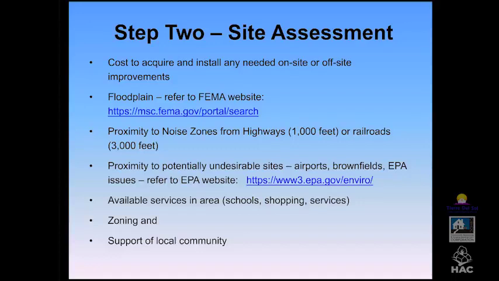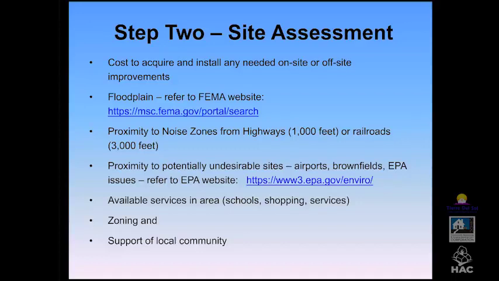And if anybody's done a federal project, you know there are several things that they check: proximity to wetlands, the floodplain, are you within 1,000 feet of a highway or 3,000 feet of a railroad? Are there any potential undesirables around, like airport runways, brownfields, above ground storage tanks?